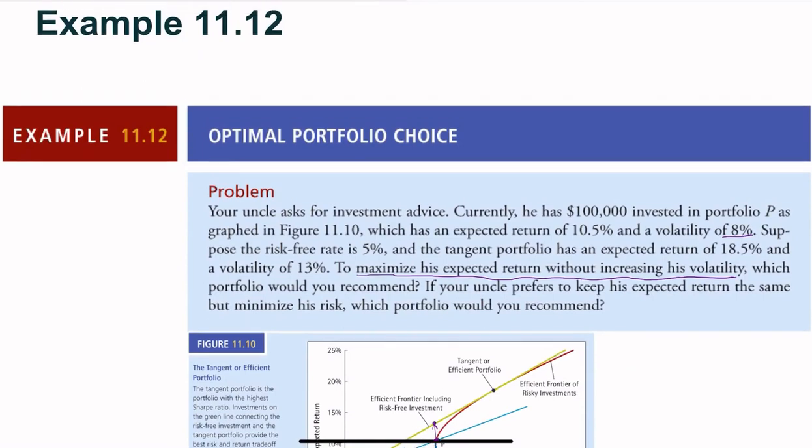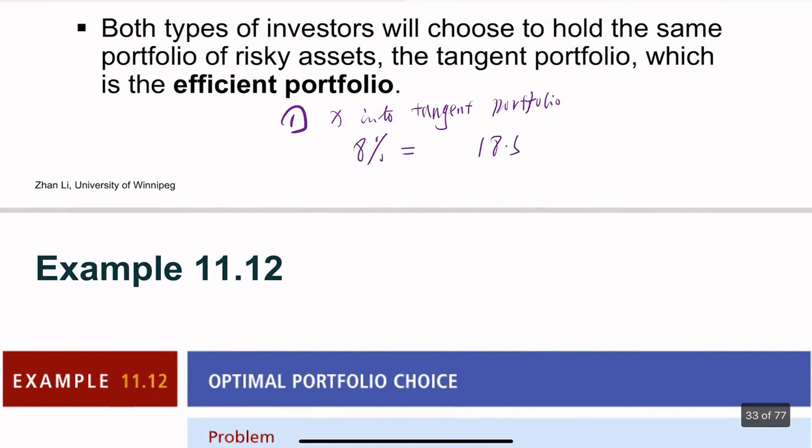And we have learned we will combine risk-free asset and a risky portfolio. Then the combined portfolio's volatility equals x times the risky portfolio's volatility.